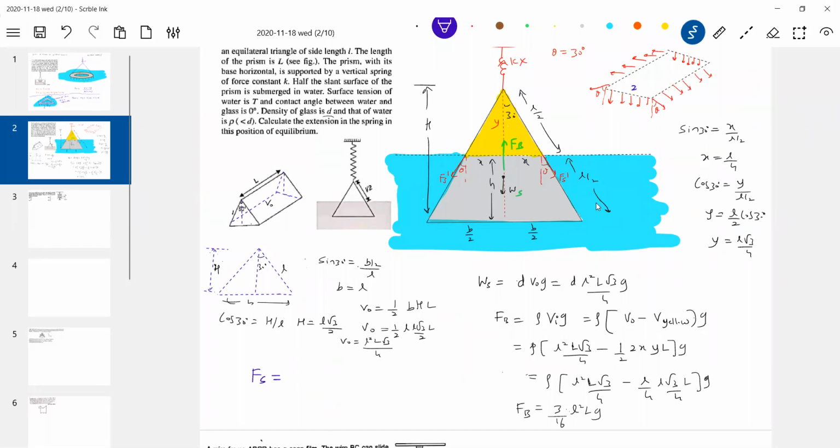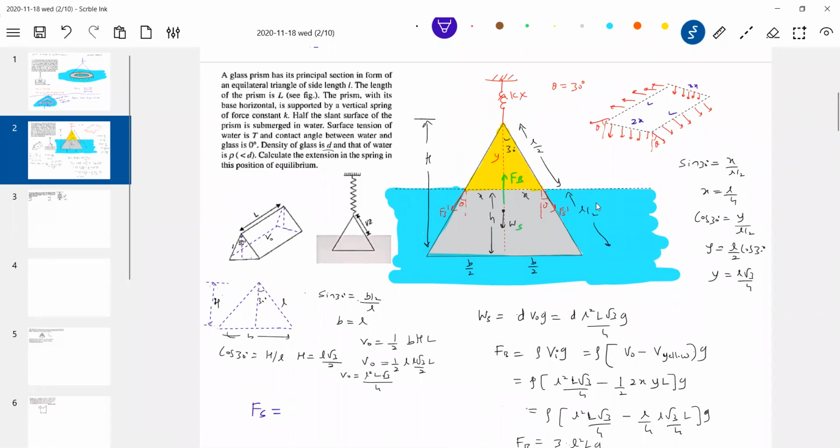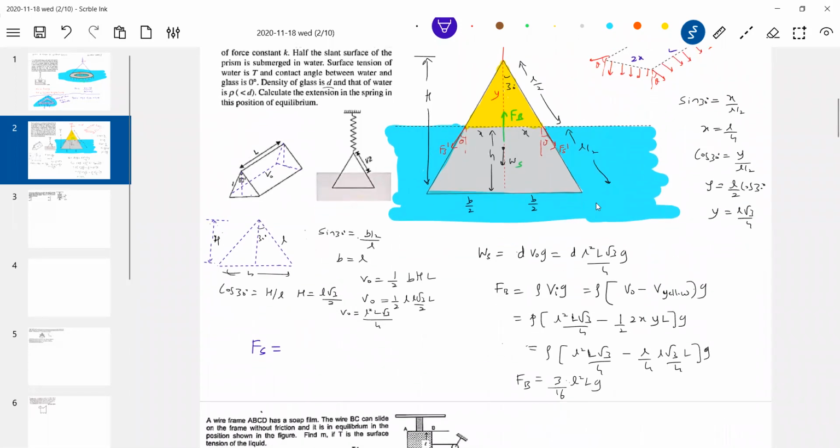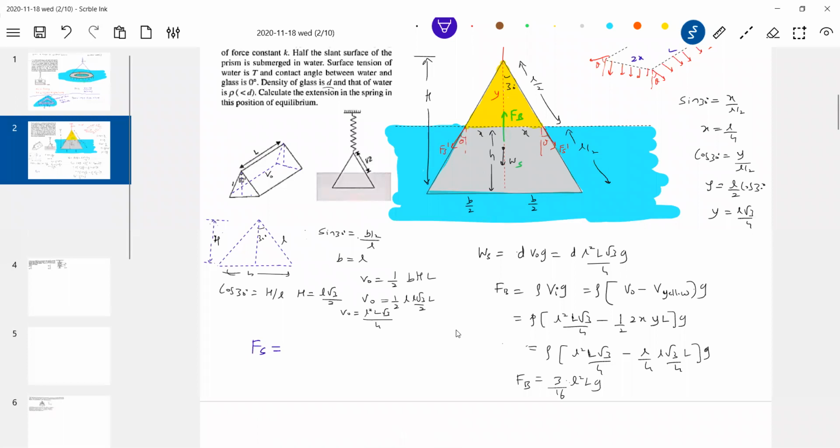What is this length? 2x. And this slant length is L. At corner, we are at corner. I think I'll bring one more page, it's getting congested. Sir, FB must be 3 root 3 by 16.